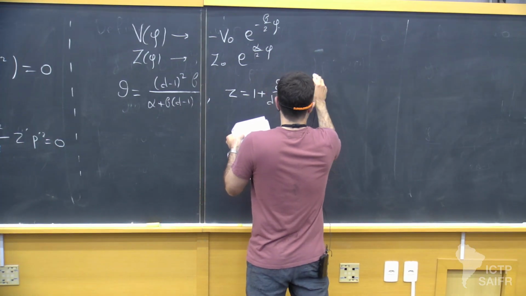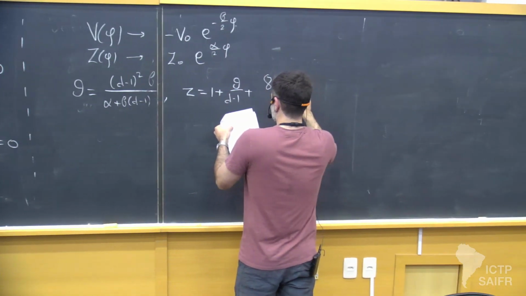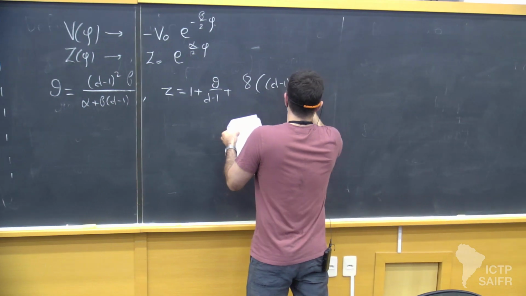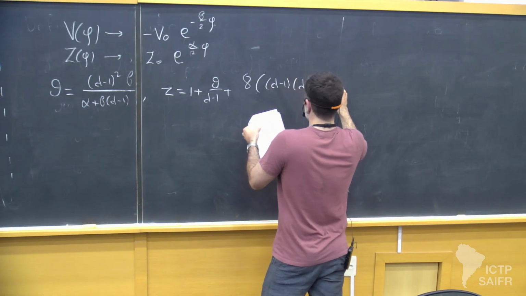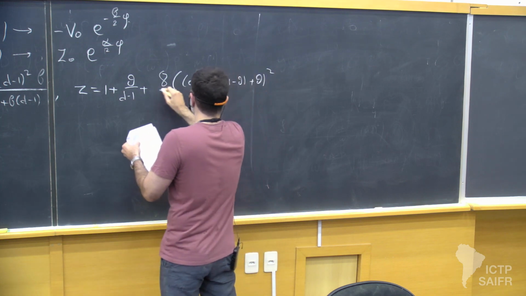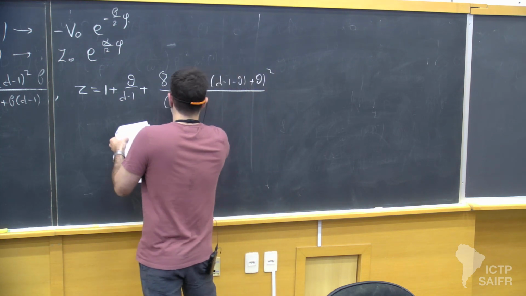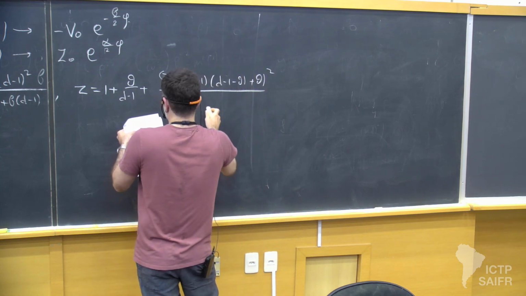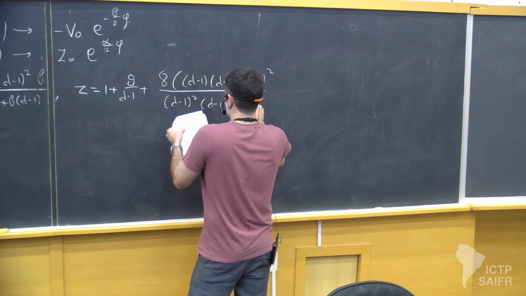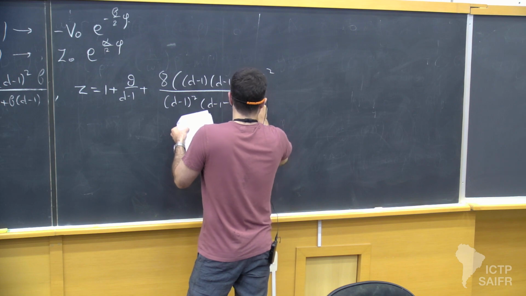plus, okay, sorry about what you will see in front of your eyes. (d minus 1 minus theta plus theta squared) divided by (d minus 1) squared, and then (d minus 1 minus theta) times alpha squared.